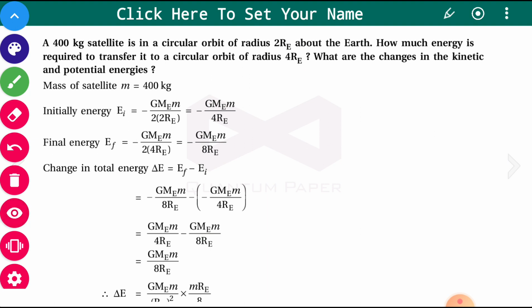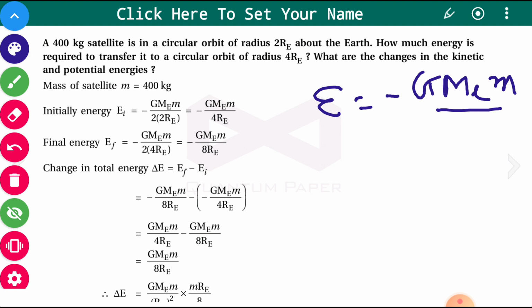Now see, as you know, the energy associated with any revolving satellite is given, in general, by minus G Me m upon R, where Me is the mass of Earth around which the satellite is revolving, and small m is the mass of the satellite.